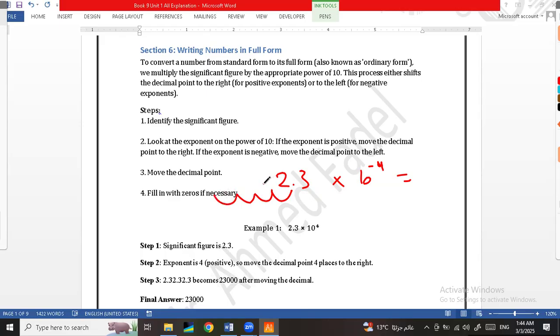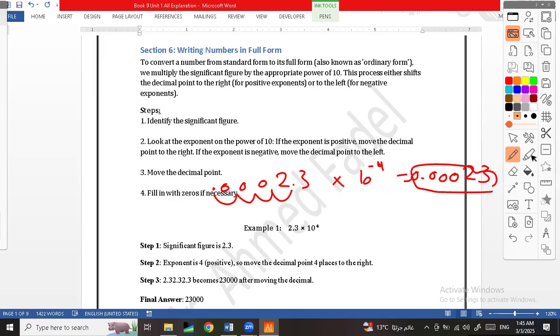So here I have 1, 2, 3 zeros, then the decimal point. Because it's -4, I moved it 4 digits to the left. So the answer is going to be 0.00023. That's it, and see you in another video.